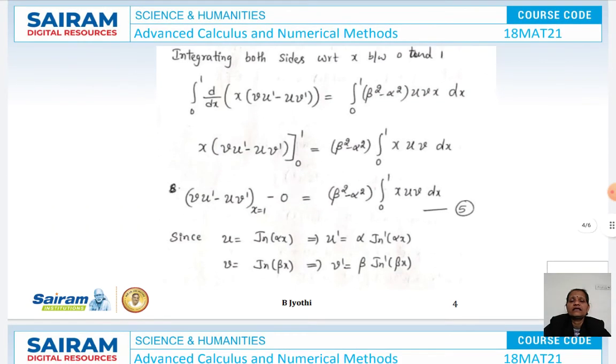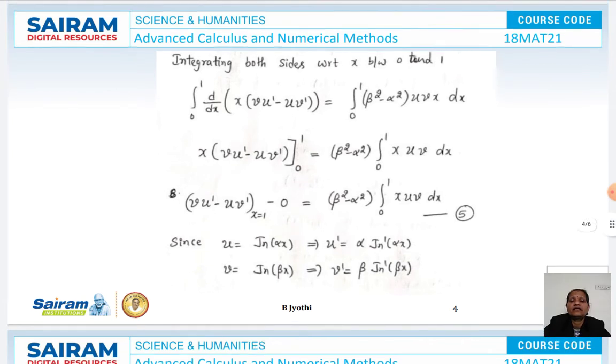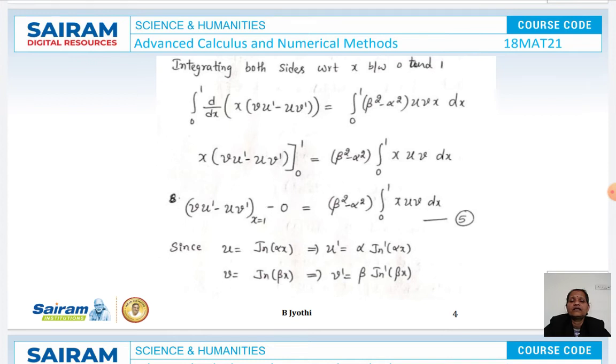Next, integrating both sides with respect to x between 0 and 1, we get integral 0 to 1 d by dx of x into v u dash minus u v dash is equal to integral 0 to 1 beta square minus alpha square of uvx dx. That is, cancelling integral and differential, we get x into v u dash minus u v dash from 0 to 1 is equal to beta square minus alpha square of integral x uv from 0 to 1 with respect to x.